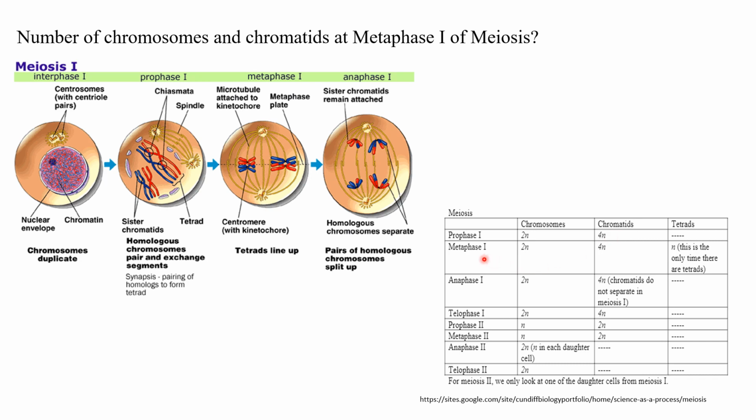So in metaphase 1 also, the number of chromosomes remains 2n and the number of chromatids is 4n. Since this is the only time there are tetrads present, we call this n number of tetrads. So, in short, the number of chromosomes and chromatids at metaphase 1 of meiosis is 2n and 4n respectively.